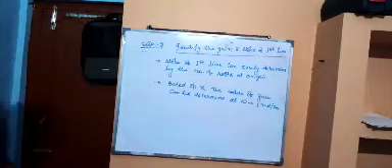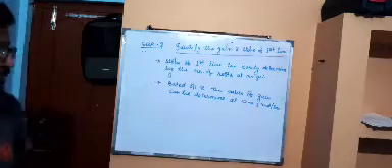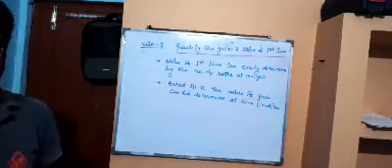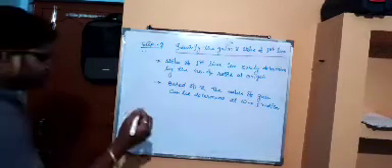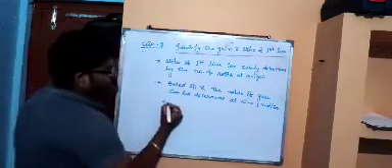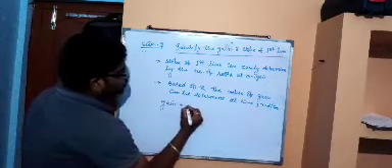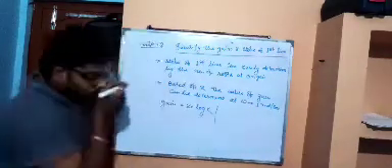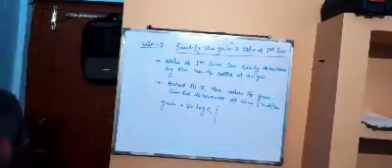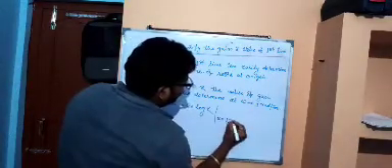Simply, gain is equal to 20 log k at omega equal to 1 radian per second.